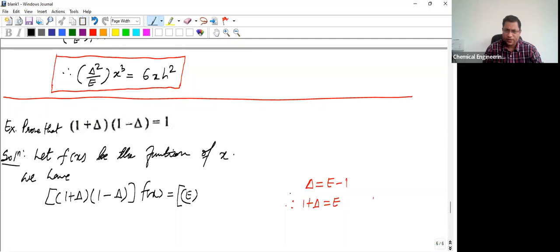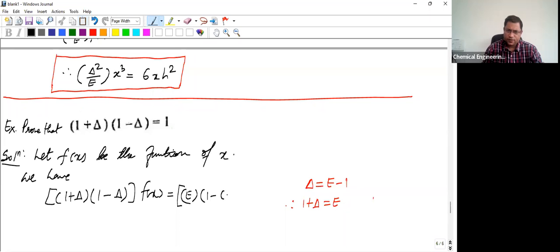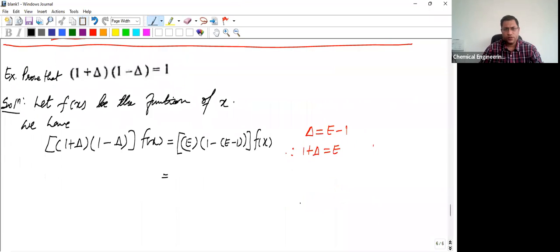So what can we have for 1 minus delta? E inverse. So it will be 1 minus E minus 1 operated on f of x. And that is equal. So let us simplify this. So we can have E, and here we have 1 minus E minus, minus plus 1 operated on f of x.